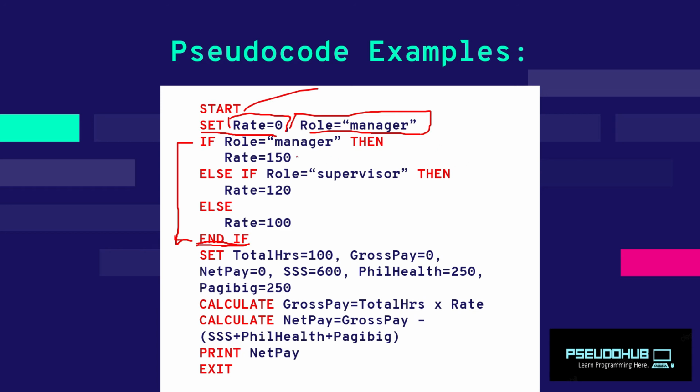Naa tay tulo ka condition: if role is equals to manager, if role is equals to supervisor, if wala na ilain, else, di ba? You might wonder nga nganong wala kay gibutang nga else if role equals clerk, sir? Well, pwede gud ninyo na siya isulat, walay problema. Pwede na ninyo i-type diri og another nga condition, else if role equals clerk.